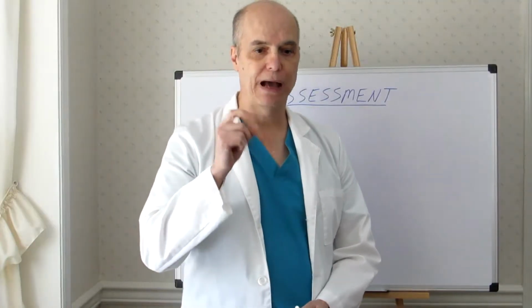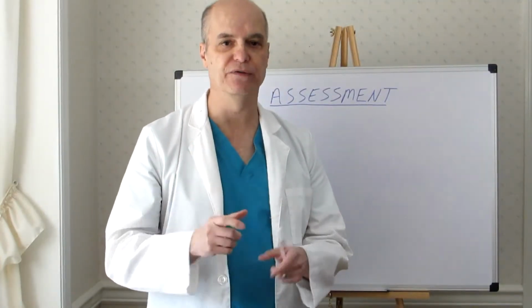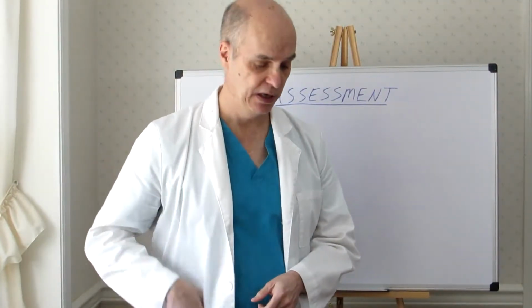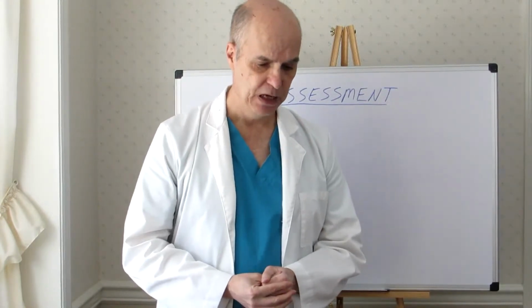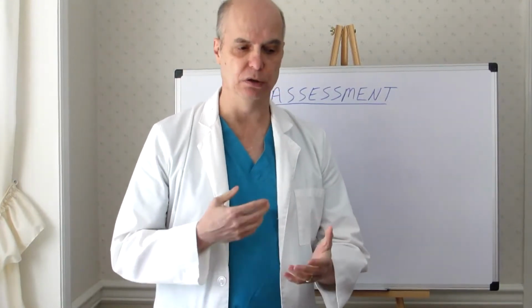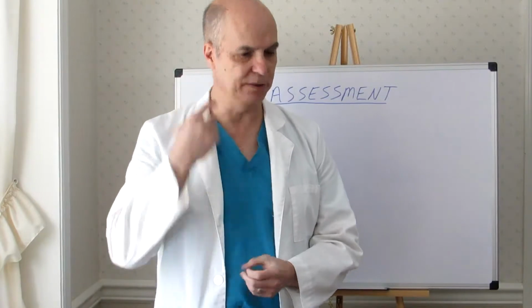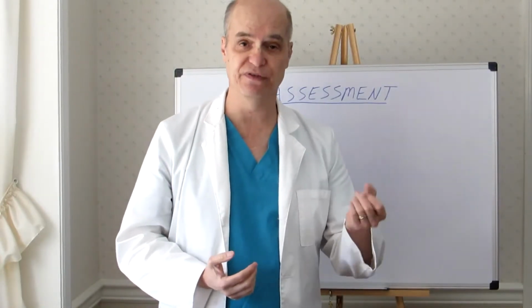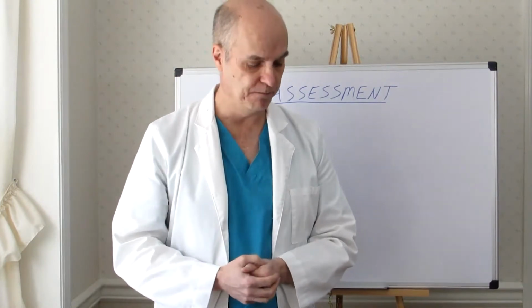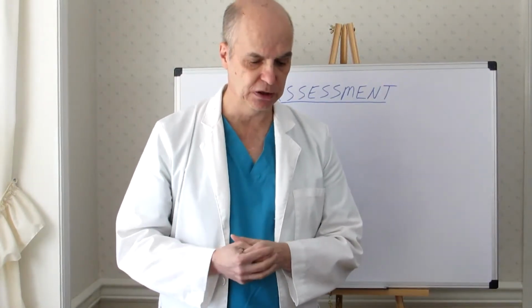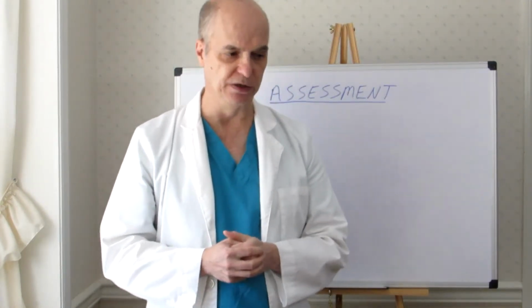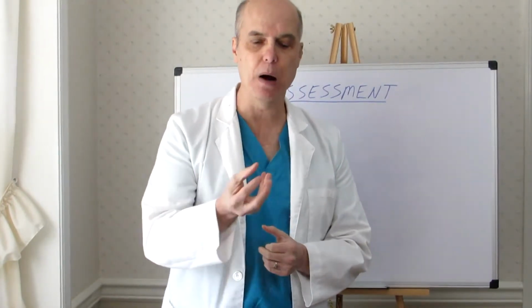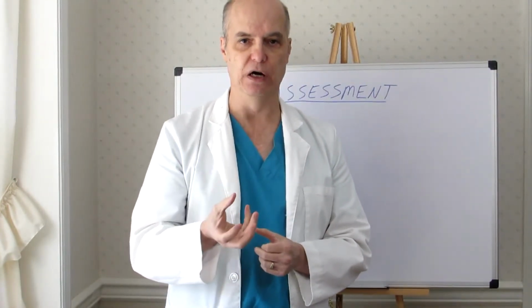Okay, so now I want to talk just a little bit briefly about some cardiac assessment. We measure blood pressure, but what is the blood pressure really actually telling us? We have systole, we have diastole. Systolic function really is showing us the pump activity of the heart.